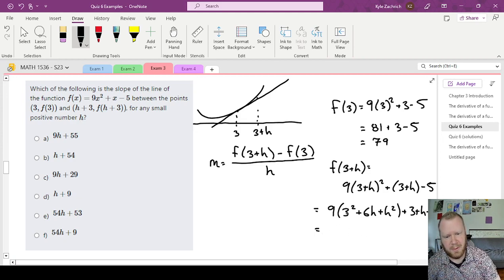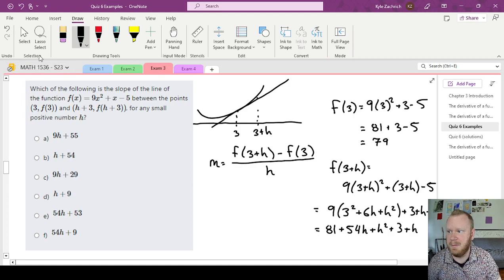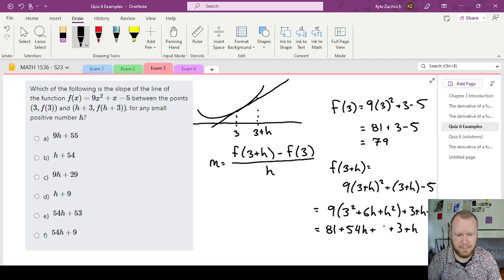Let's see, so again, we've got 81 plus 9 times 6 is 54h plus h squared plus 3 plus h, plus 9h squared plus 3 plus h minus 5. 81 plus 3 minus 5 gives us the same 79 here.